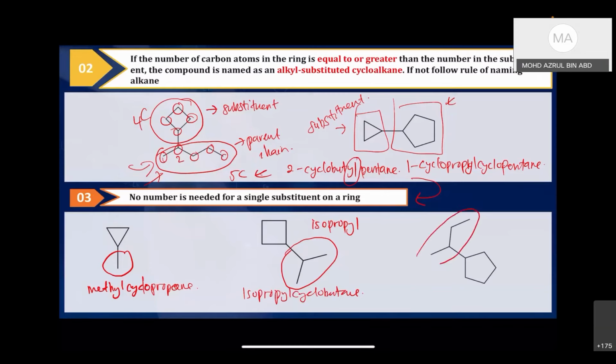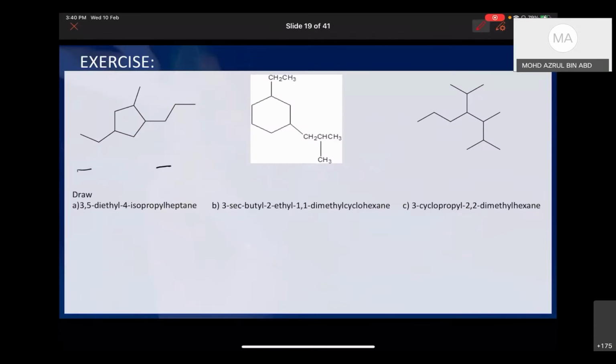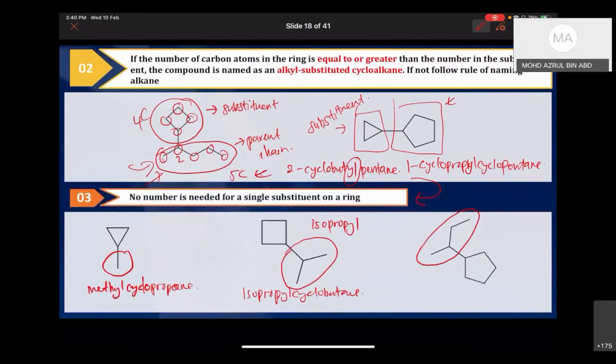Okay, so what is the name of this substituent? I told you before. Remember, this one has 4 carbons, and this one is attached at the second carbon of the substituent.